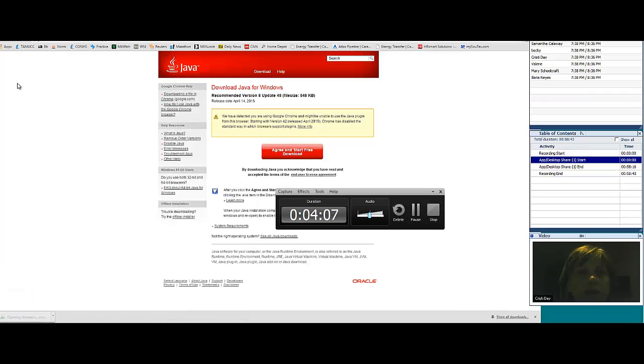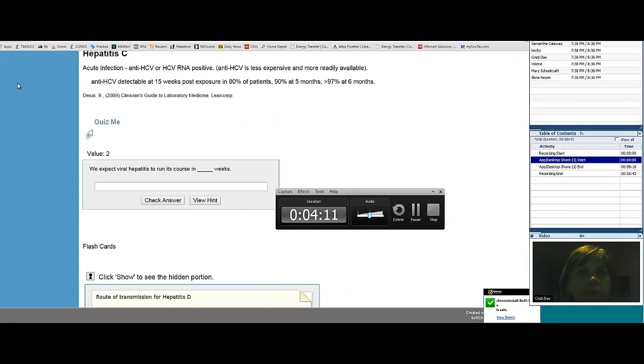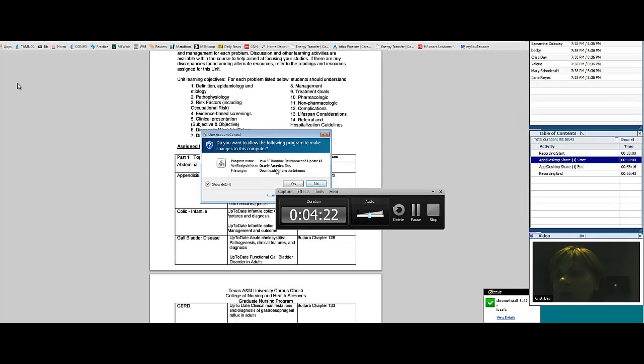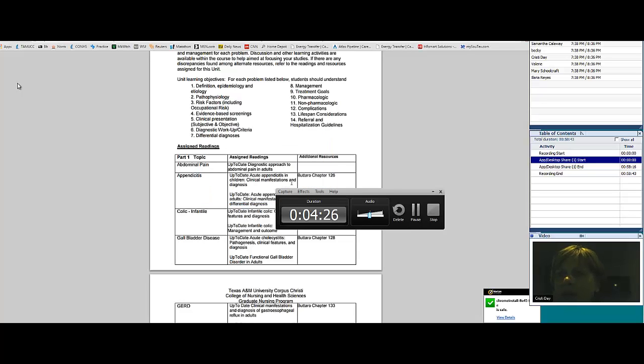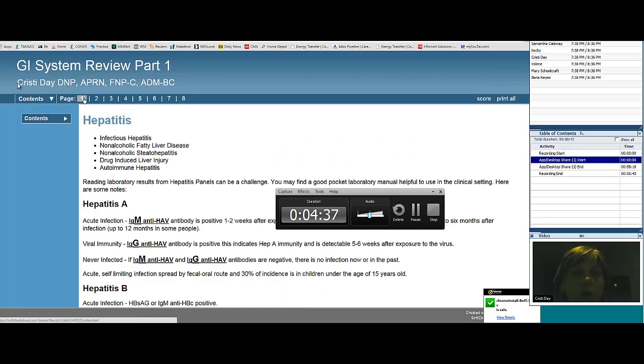Okay, let's see. All right, so let's go back to abdominal pain and how to evaluate it. On that one, I want you to be sure and look at the old cart.